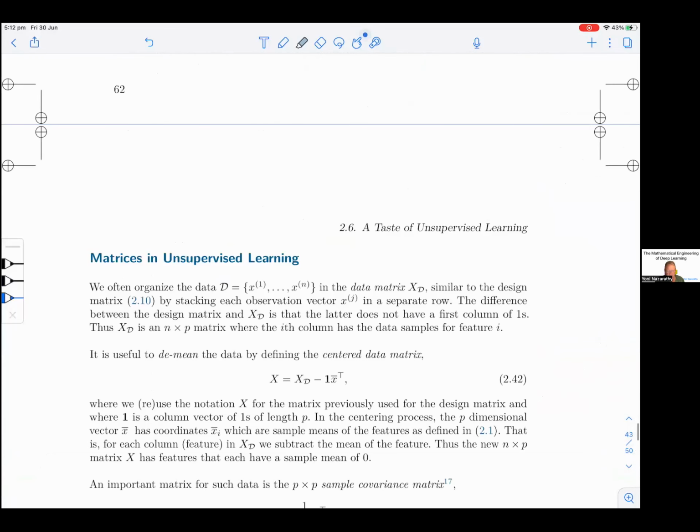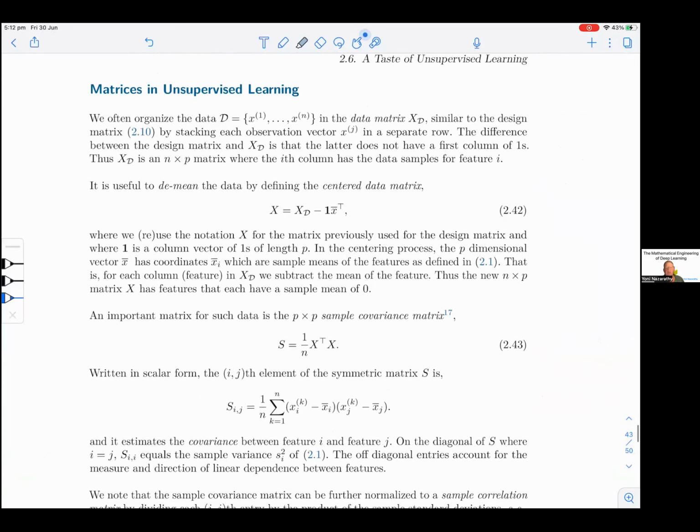Anyway, back to business. Matrices and unsupervised learning. We often organize the data D, which is x1 through xn, in the data matrix XD, similar to the design matrix in 210, by stacking each observation vector in a separate row.